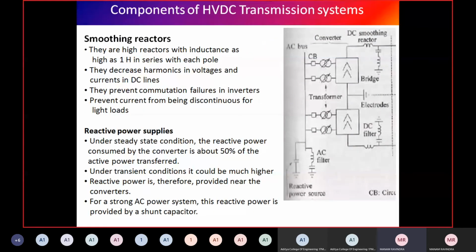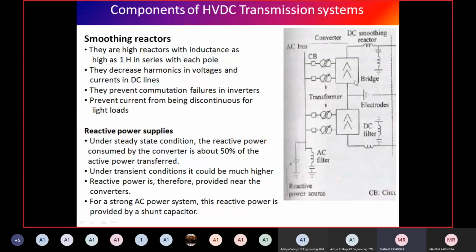Next, components of HVDC transmission systems: smoothing reactors. Smoothing is mainly to smoothen or remove the harmonic content in the rectifier devices.